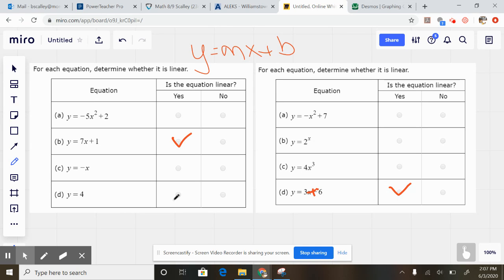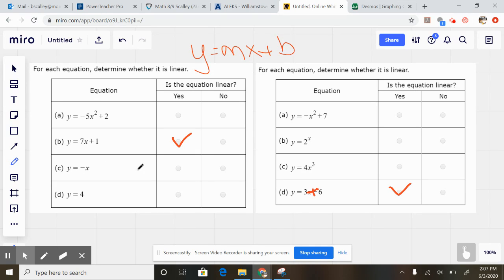Now, there's some that aren't so obvious, but are actually still linear equations. Something like letter C over here. Y equals negative x, you might say that's not y equals mx plus b format, but it is actually. All that it means, there's no plus b because the y-intercept is 0.